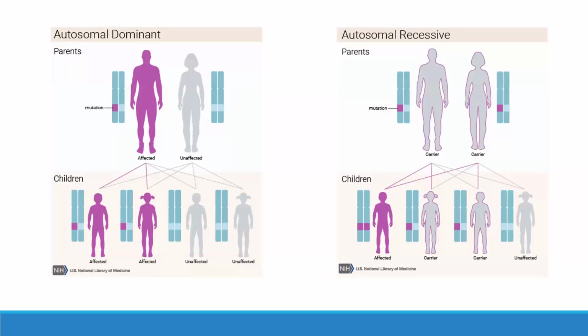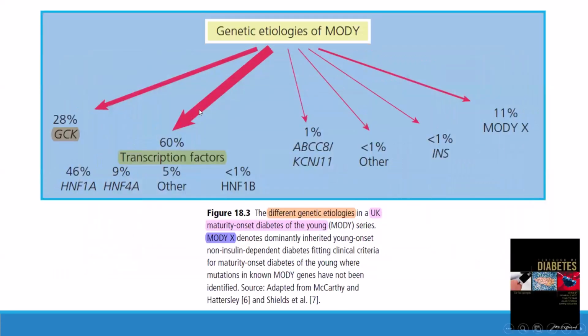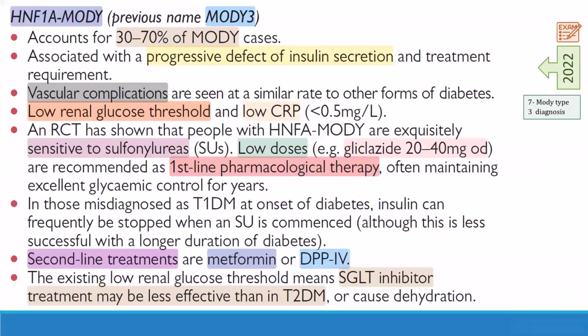If one parent is diseased and the other parent is not a carrier, no children will be affected, but in this situation all children will be carriers. We have different forms of MODY: glucokinase, transcription factor, and neonatal diabetes mellitus, which is a type of monogenic diabetes mellitus. Let's start with HNF1 alpha.